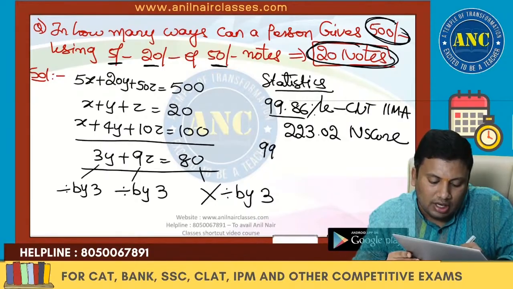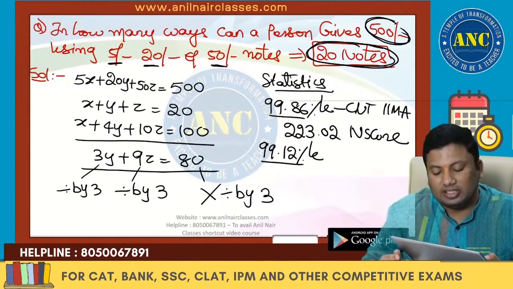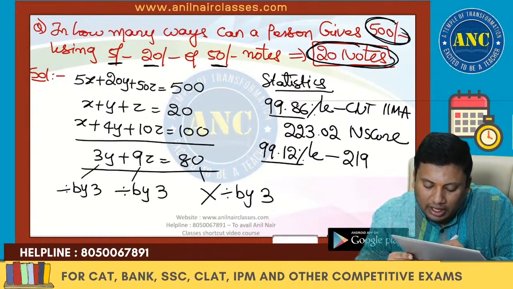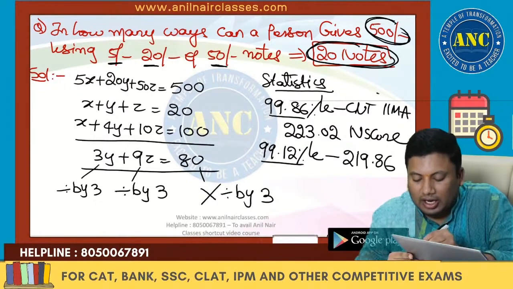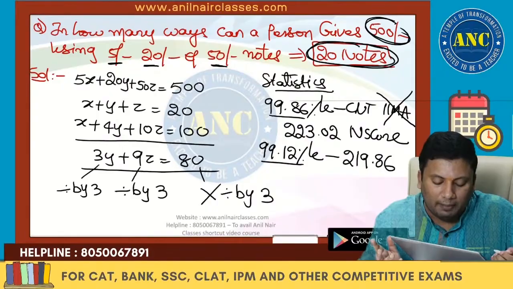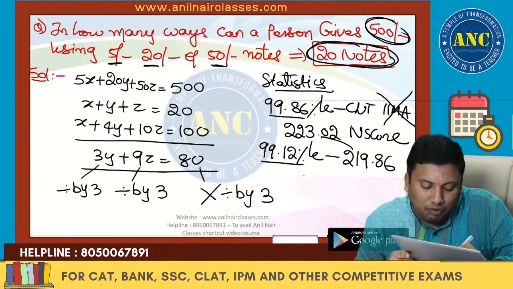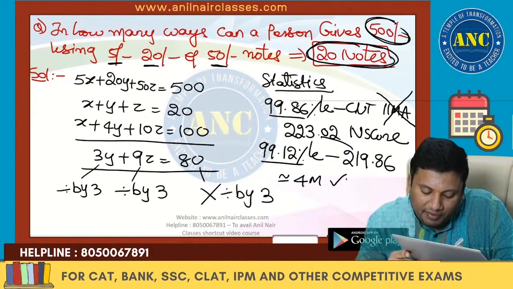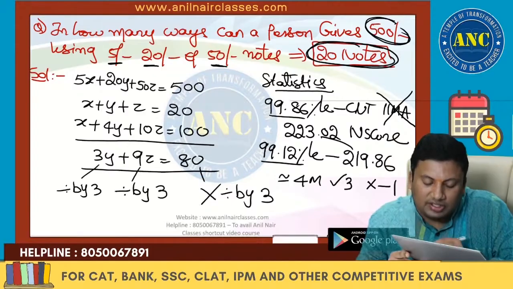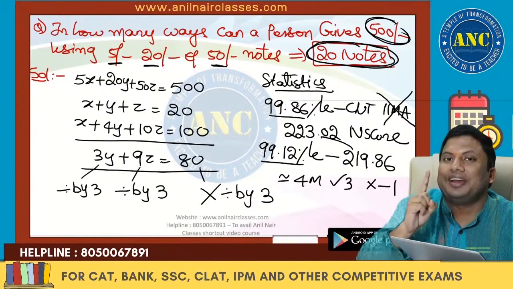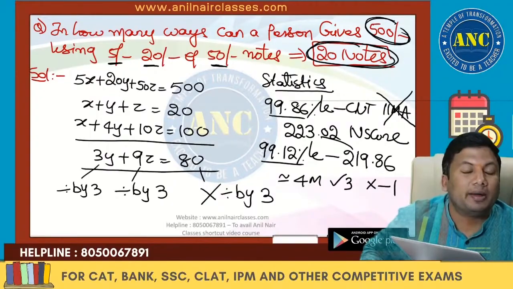He got 99.12 percentile, since we are from the OC category, a score of 219.86. He lost a call from IIM Ahmedabad and got into IIM Bangalore. What is the difference? 4 marks, if I round it to the nearest integer. Right is 3, wrong is minus 1. You lose 1 incorrect answer in your CAT paper, and IIM Ahmedabad is out.